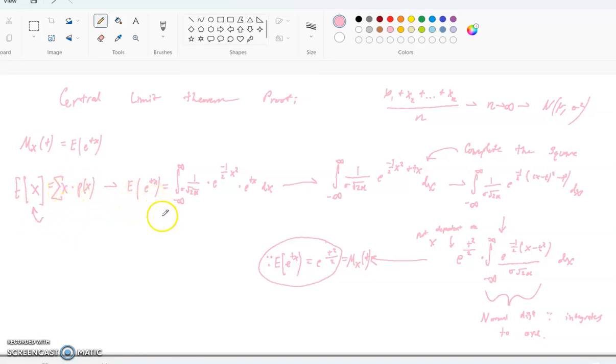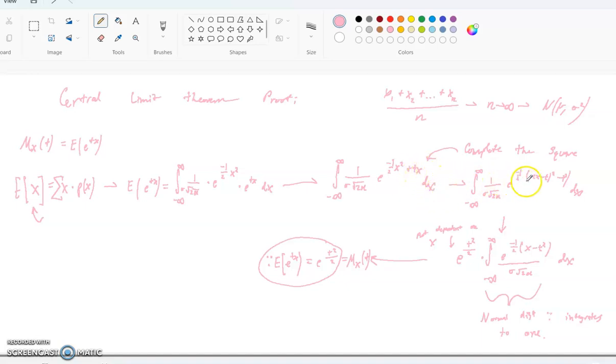If we're finding the expected value of e to the tx, we show our probability density function of a normal distribution, and we integrate it as we multiply by the constant of e to the tx. And using some algebra, we find that we can add them into the exponent of the base e, and we get negative 1/2 x squared plus tx.